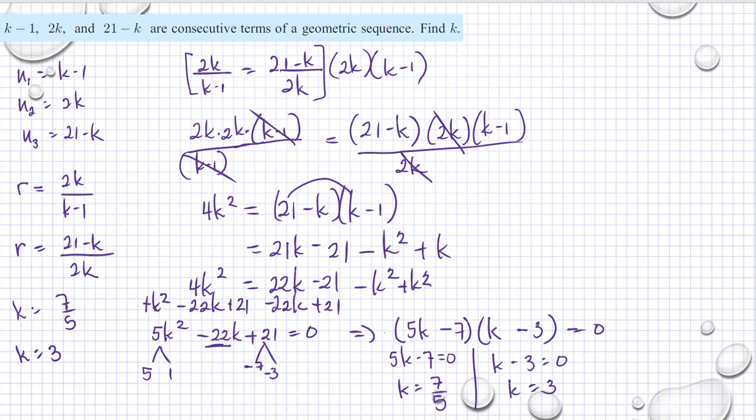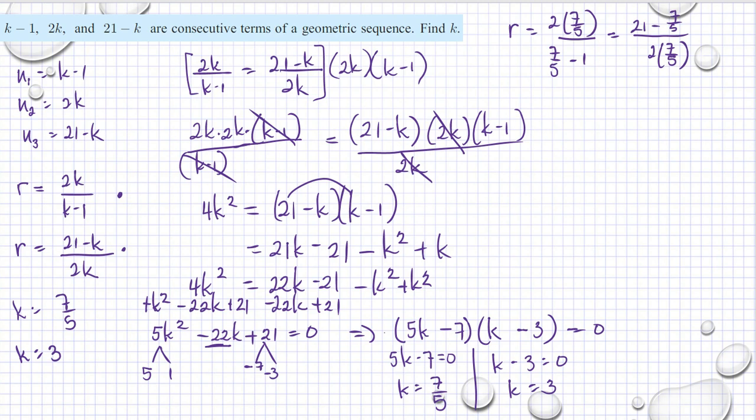So we have r is equal to 2 times 7/5 divided by 7/5 minus 1. That should be equal to 21 minus k, that is 7/5, divided by 2 times 7/5.